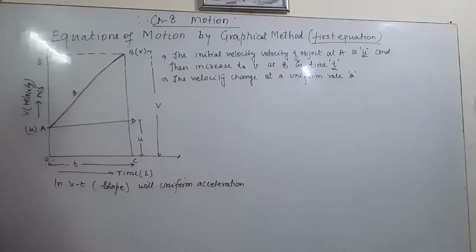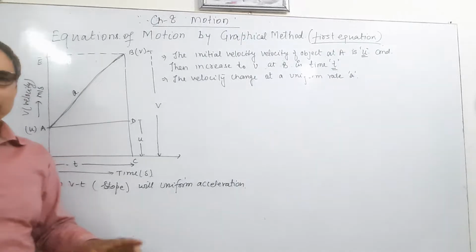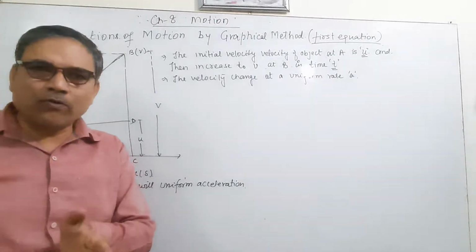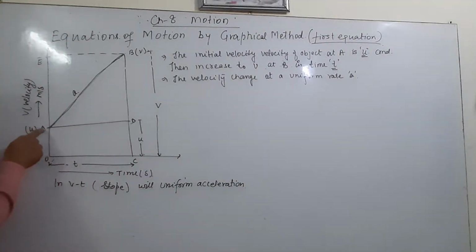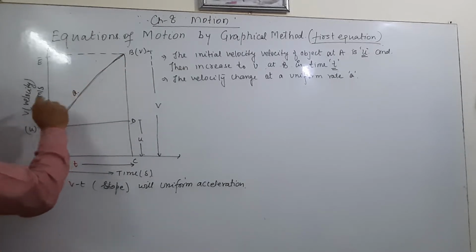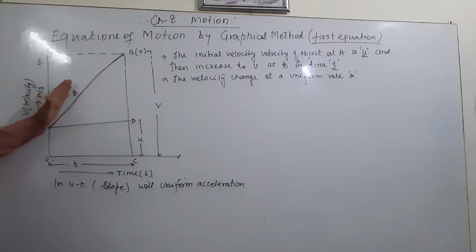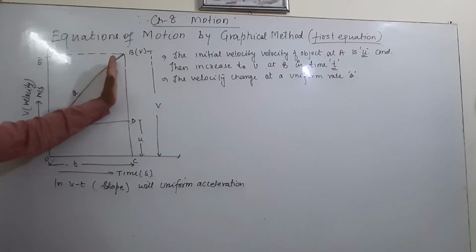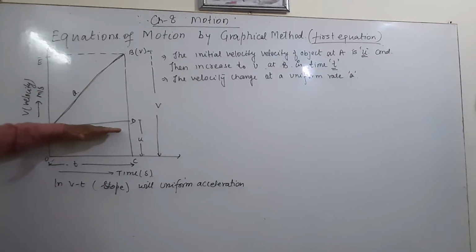It means the rate of change of velocity is uniform, due to which this slope AB represents the acceleration.